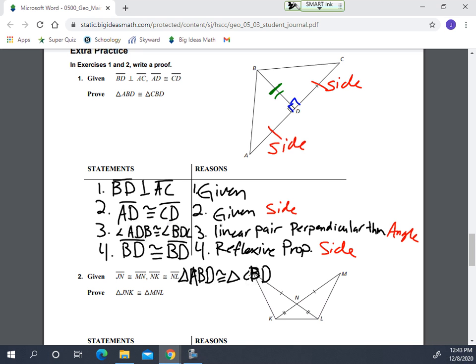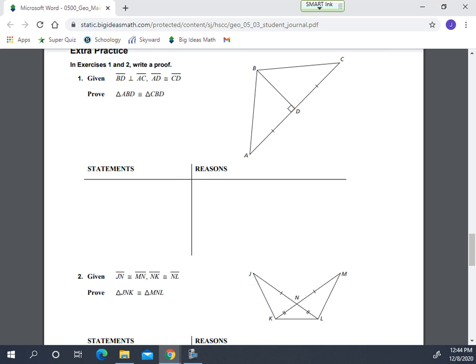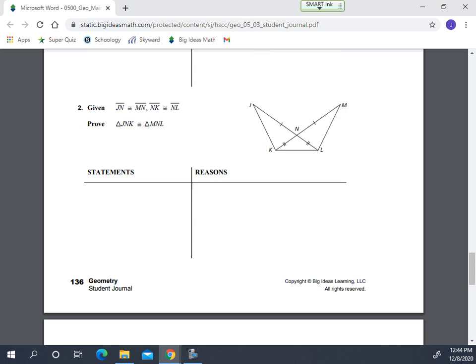Why? Because of side, angle, side. There's our proof. So with side, angle, side, all we need is two sides congruent with an angle in between the two sides.